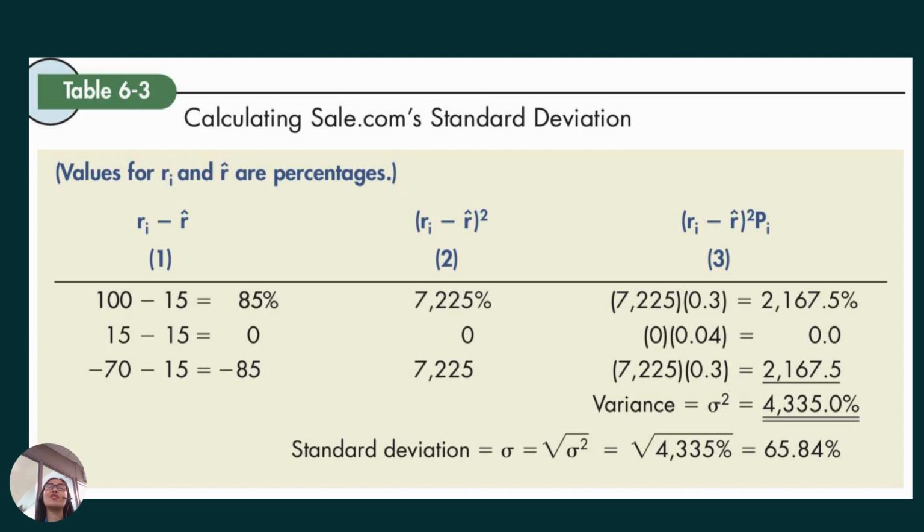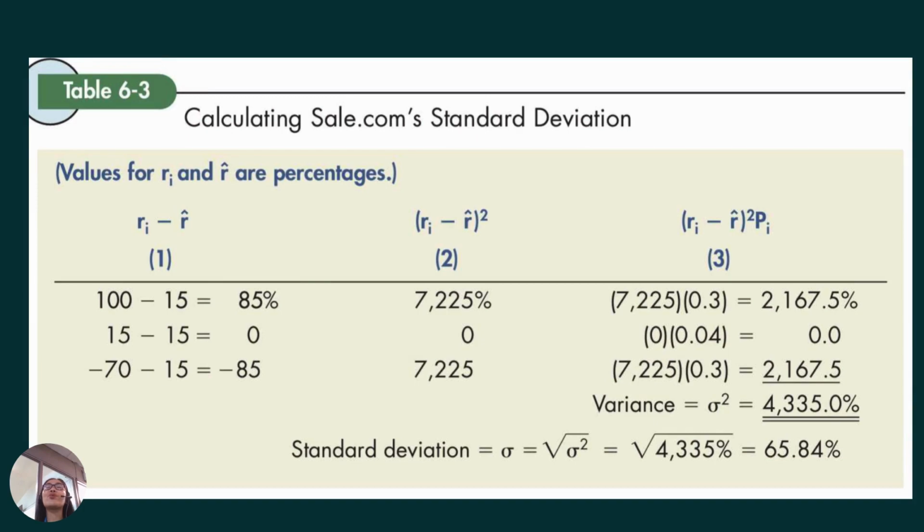Using the same procedure, we find Basic Foods' standard deviation to be 19.36%. So Sale.com has the larger standard deviation, which indicates a greater variation of returns, and thus a greater chance that the actual return may be substantially lower than the expected return.